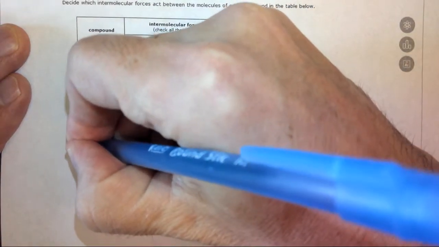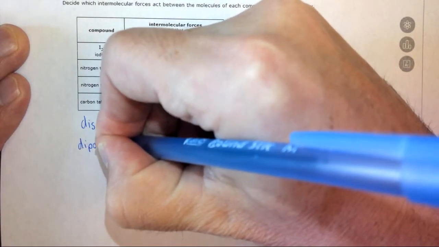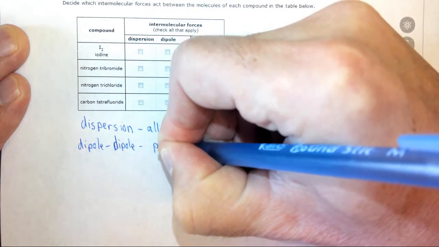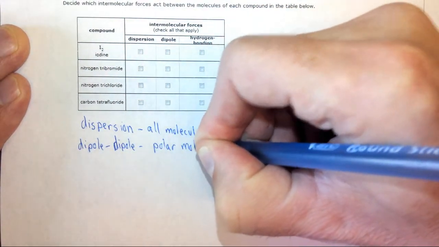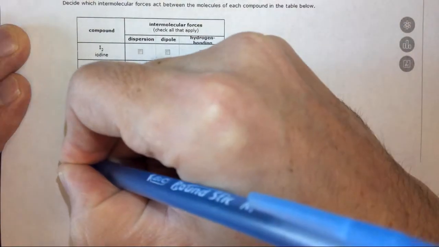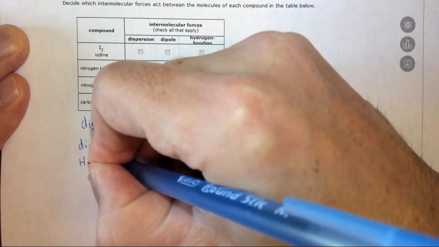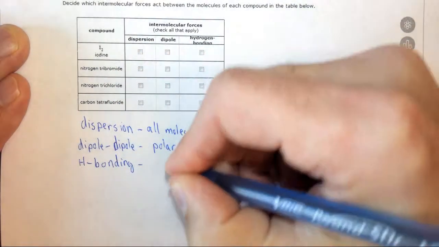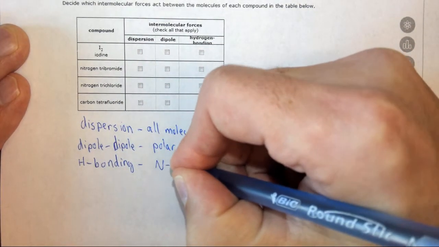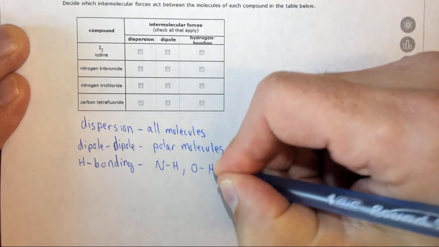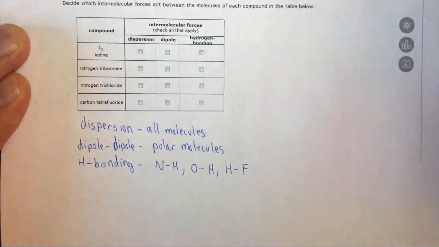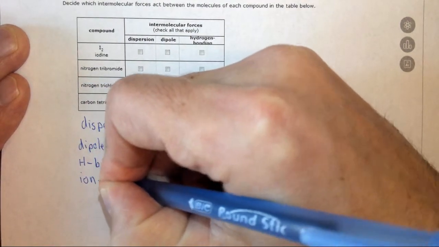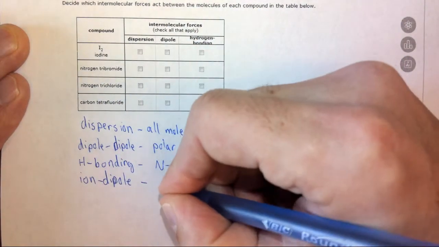The next is dipole, which is for polar molecules. The next is hydrogen, or just H bonding, which is going to be if you have an N directly bonded to an H, an O directly bonded to an H, or HF. And then finally, ion dipole, which is exactly what it sounds like.